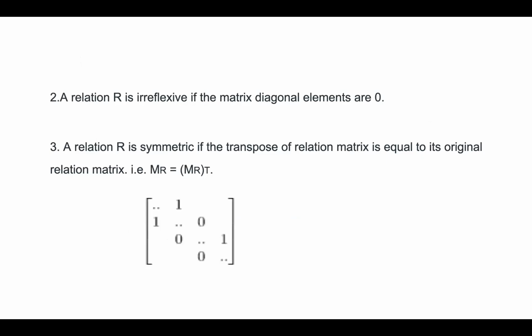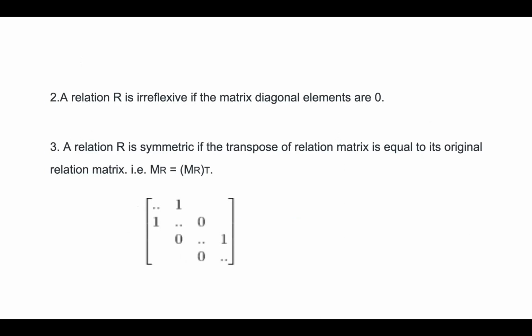Then next, a relation R is irreflexive if the matrix diagonal elements are 0. If matrix diagonal elements are 1, then the relation is reflexive. Otherwise, it is irreflexive. Then the third property: a relation R is symmetric if the transpose of the relation matrix is equal to its original relation matrix.